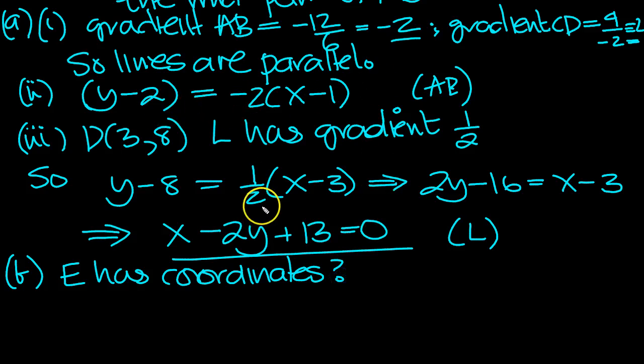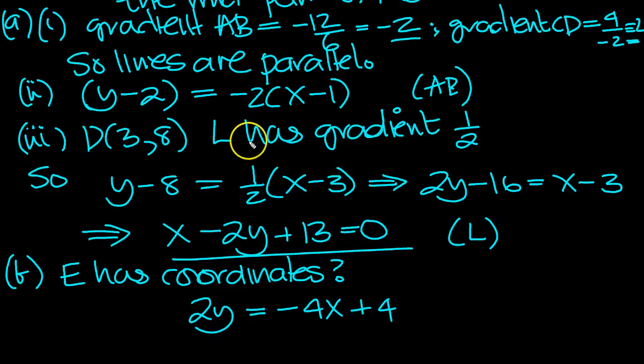So y minus 2 equals minus 2 times x minus 1, so let's write this in. How are we going to do this then? We could do 2y here, double all this. So 2y, double this, is equal to minus 4x, and then plus 2, which will be plus 4, because I've doubled these.